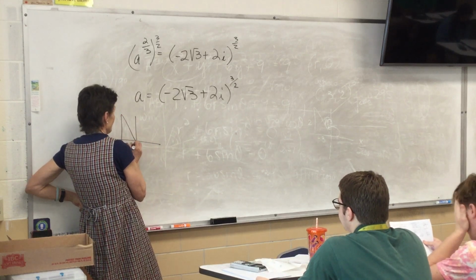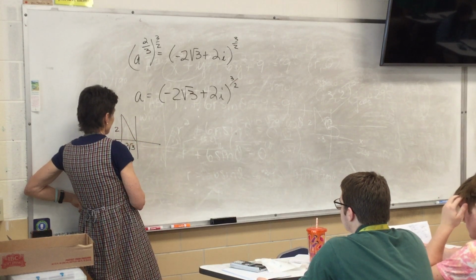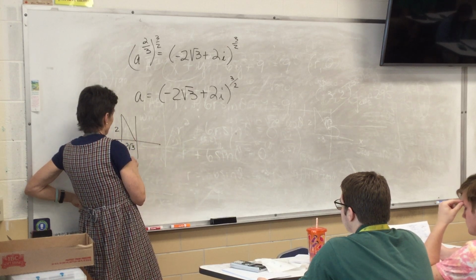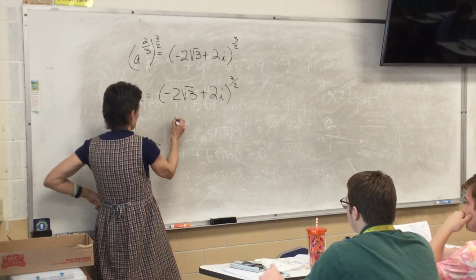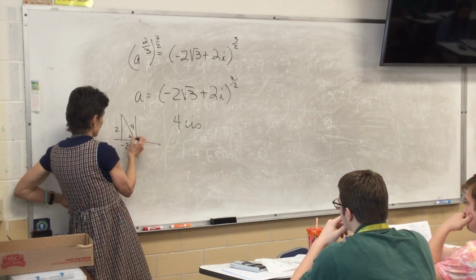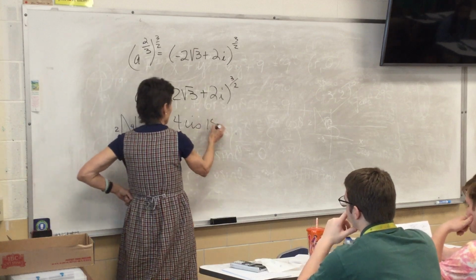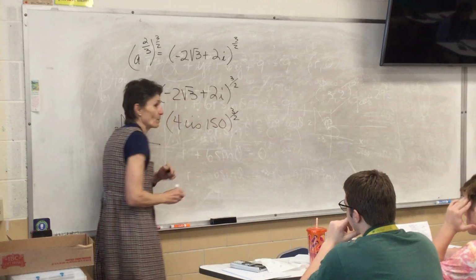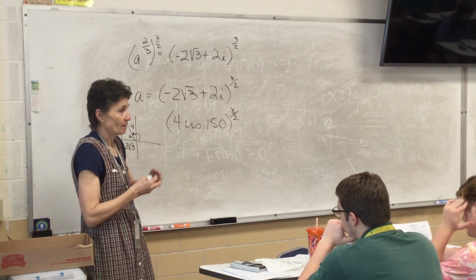So -2√3 and 2. This is exactly what we just did with Ava. That's going to be 4. This angle is 30, so that's going to be 150. And that's the number I'm raising to the 3/2 power.